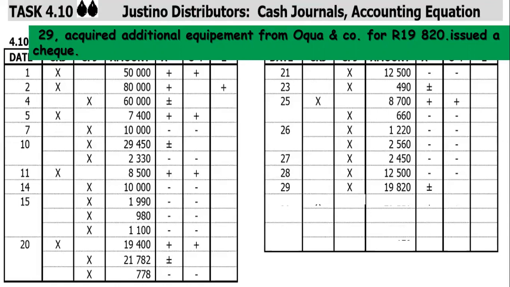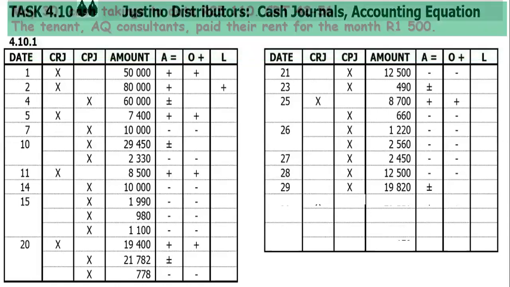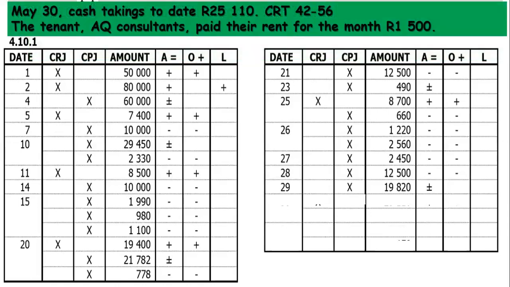And then it's a cash payment journal entry. And then on May 30, cash takings to date amounting to 25,110. So that one is a cash receipt journal entry. It increases assets and increases owner's equity.